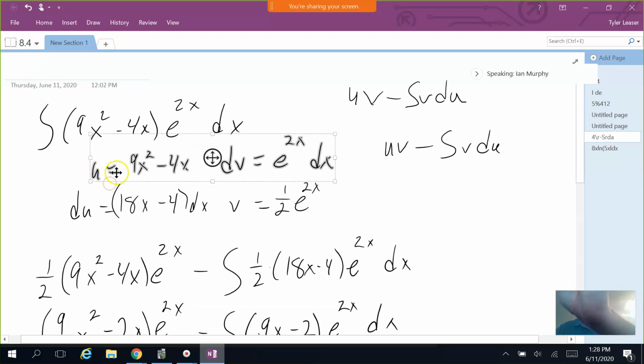And then you differentiate the u to get the du, anti-differentiate the dv to get the v. Once you have the u, the v, and the du, you can plug it all into this equation. Okay, alright. Alright, thanks. You're welcome.